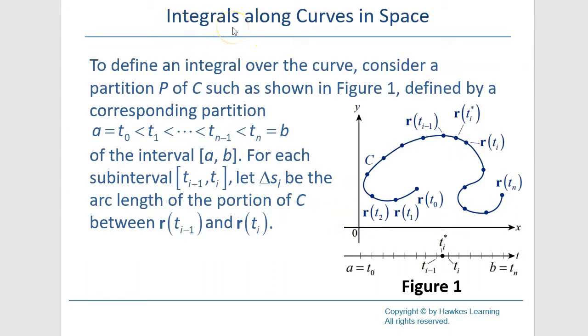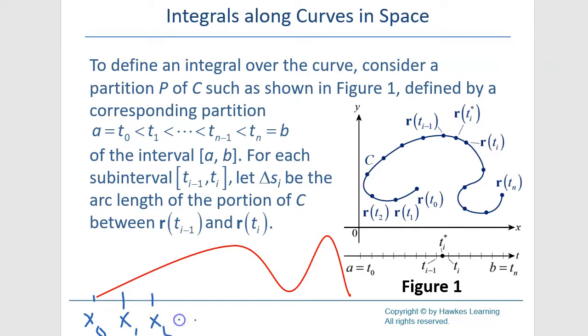Now, when you did integrals in Calculus 1, you made a partition of the xy plane, and you did something very similar to this. You had your first x, and then your second x, and your third x, and all that good stuff, all the way down to the last x. And this gap between them was delta x.